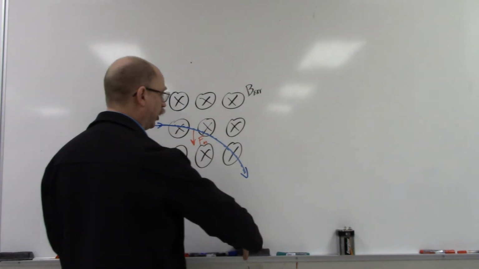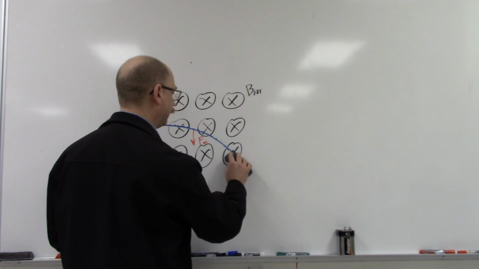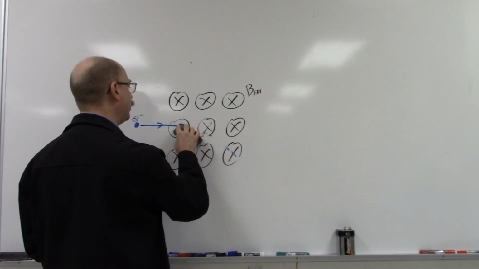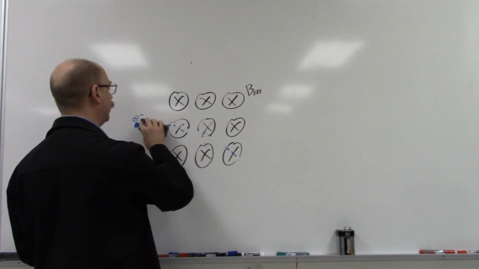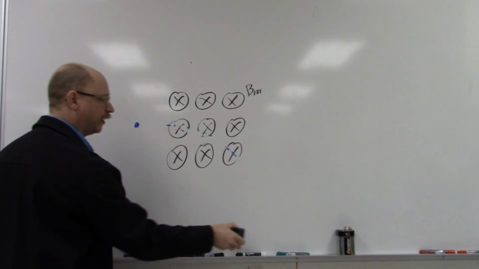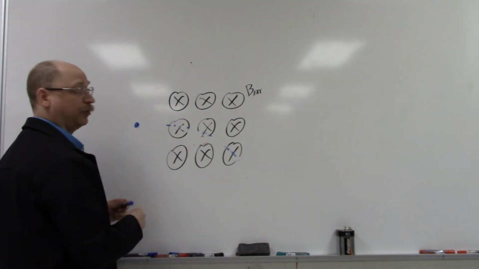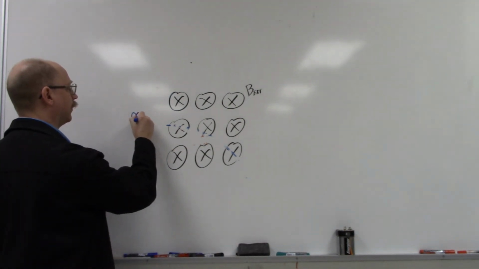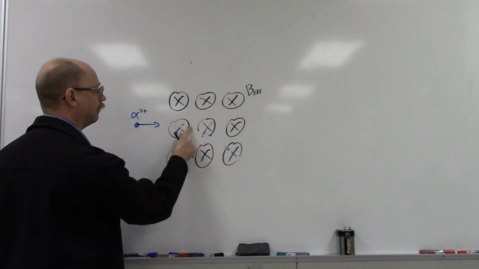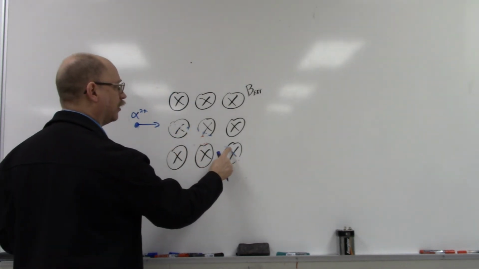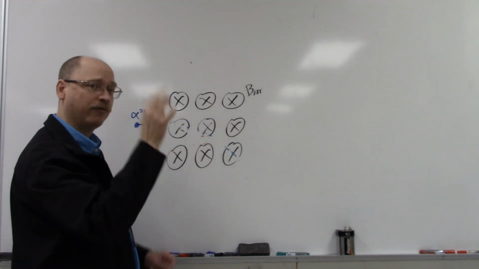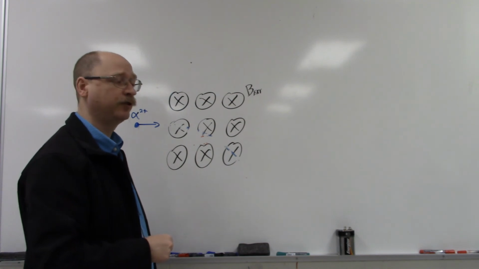Now, I can change this around a bit. Let me just get rid of some of this stuff by changing the particle that I'm dealing with. So what if, instead of this being an electron, it was something with a positive charge, like an alpha particle, still traveling to the right? Now, as it enters the magnetic field, I would have to use my right hand because it's got a positive charge.